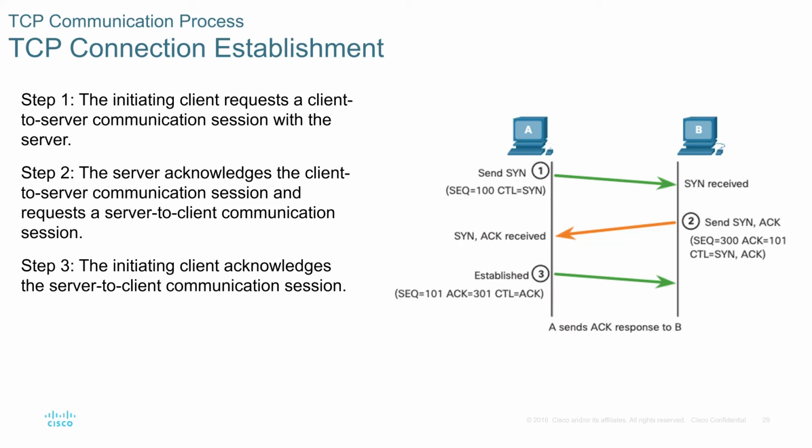The receiving system, host B, sends a synchronizing acknowledge reply, giving its beginning sequence number of 300 and acknowledging a sequence number of 100 plus 1, the next one it expects to get from A. A then sends an acknowledgement packet back with the sequence number initiated by B plus 1, which would be the next one A expects to get as a return from B.